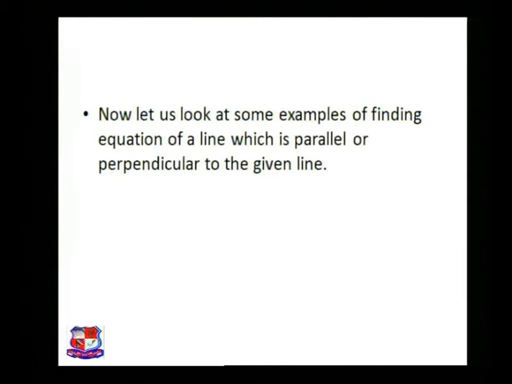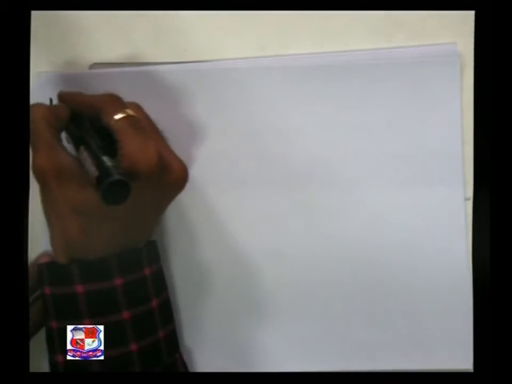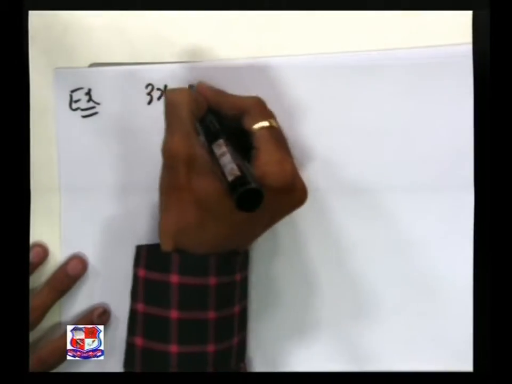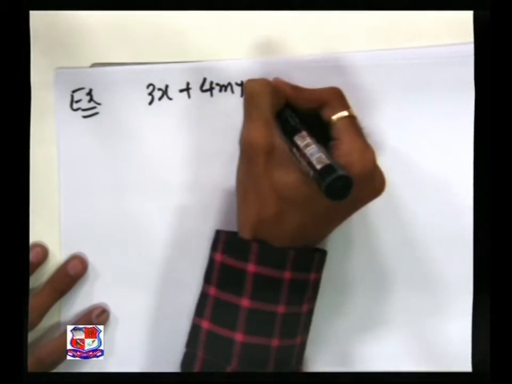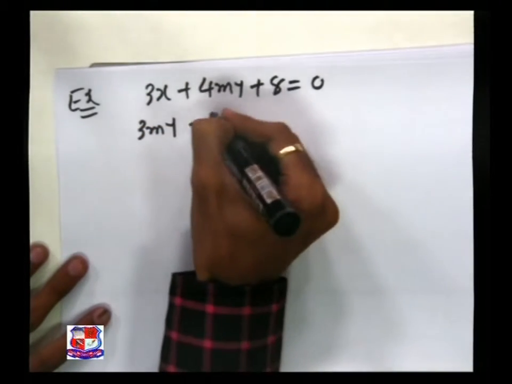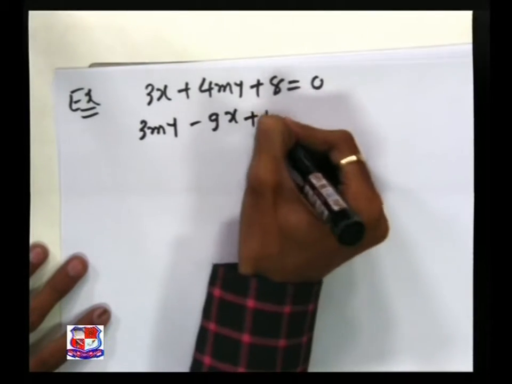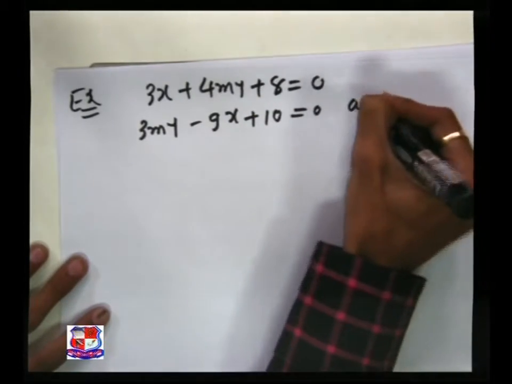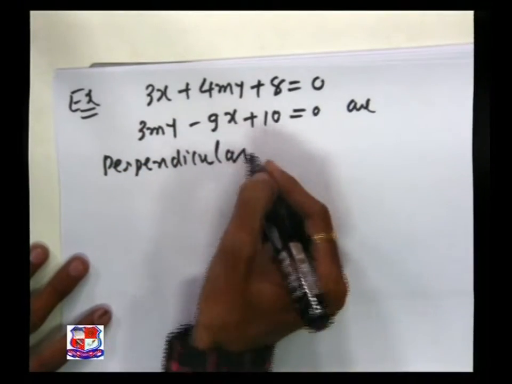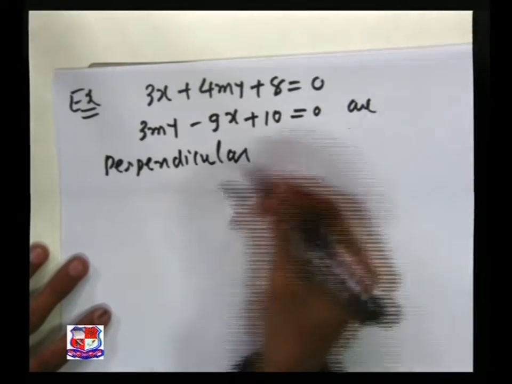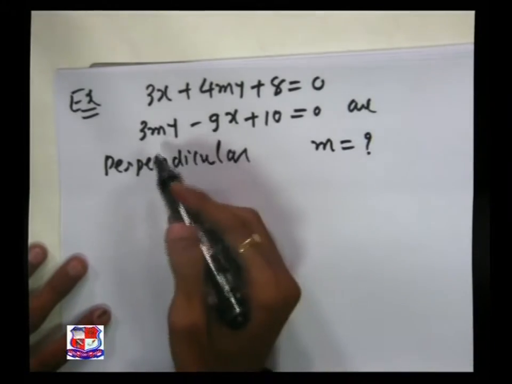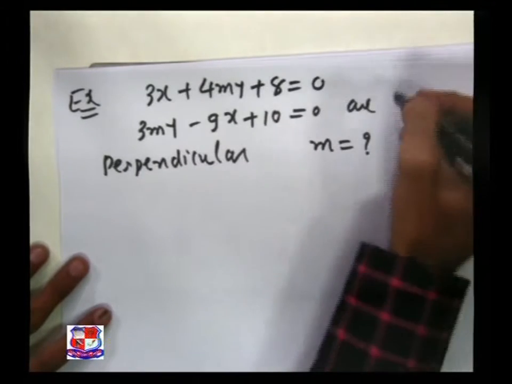The question is: if the two lines 3x plus 4my plus 8 is equal to 0 and 3my minus 9x plus 10 is equal to 0 are perpendicular, then find m. So here we need to find the value of m if these two lines are perpendicular. This one is from September 2009.